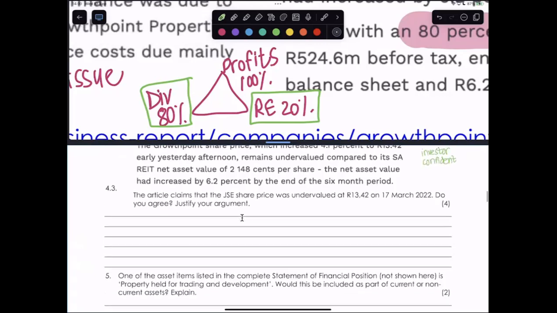The article claims that the JSE share price was undervalued. Do you agree? Now, I would certainly say it is likely that you would say yes, simply because of the fact that your JSE price or market value is smaller than the net asset value, which indicates that there's a lack of confidence.